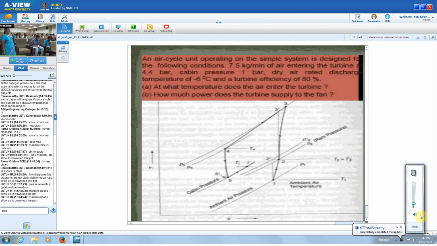The discharge temperature is minus 6 degrees centigrade and the turbine efficiency is 80%.